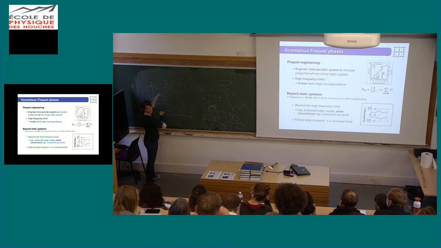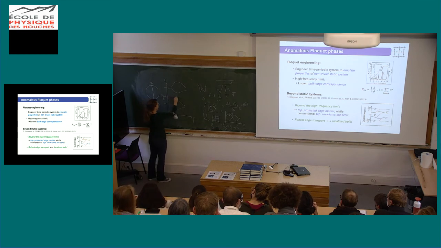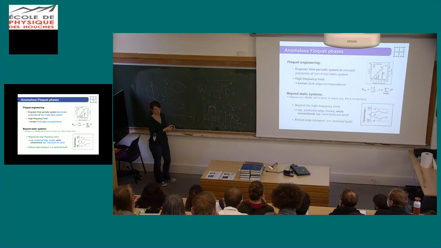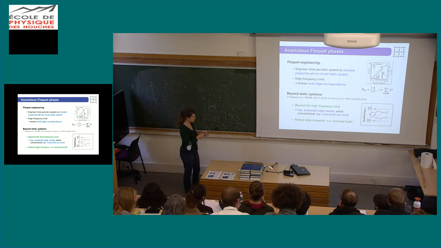Now we bring it closer, which means that we can induce mixing between different Floquet zones. So we can really bring this gap to 0 and mix these bands. And this leads to new topological phases, which don't have any static counterpart or any static analog.